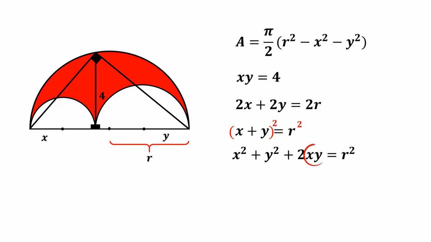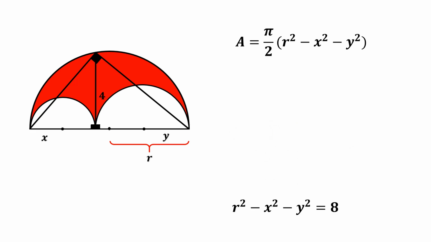We already know that x times y equals 4. So 2xy equals 8. Substitute that in, r squared equals x squared plus y squared plus 8. Rearranging gives exactly what we were looking for. r squared minus x squared minus y squared equals 8. Perfect. That's the expression from our area formula.